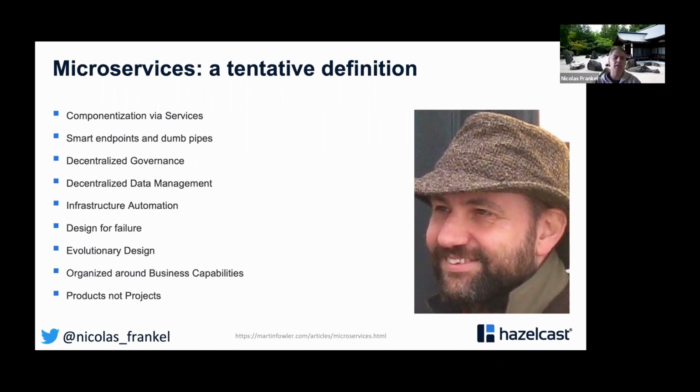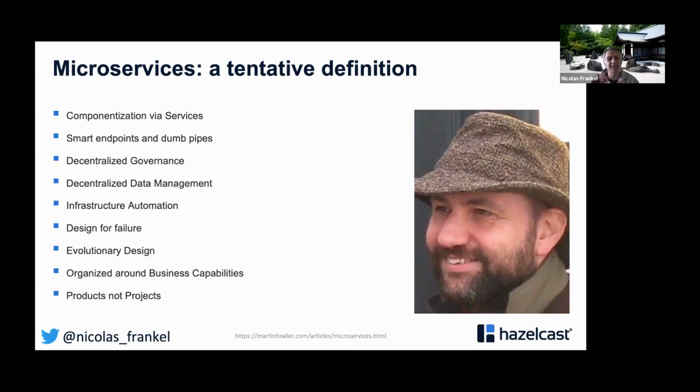It's an SQL data store, or a NoSQL data store. In general, because you start having a lot of microservices, you do automation because you cannot do without. With a bit of experience, you start designing for failure because when you have been burned once or twice, then you start thinking about that. And of course, this allows you not to design upfront, but to migrate your design according to the context.